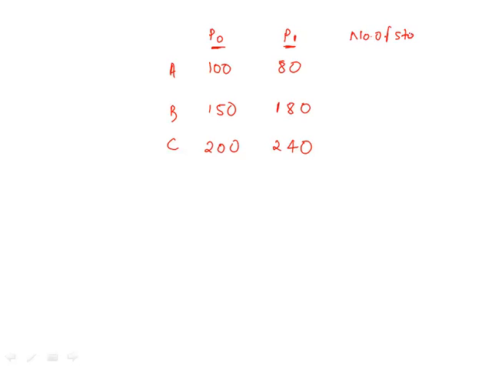Let us say we have stocks A, B and C. We have prices at time 0 and time 1. Let us say the price at time 0 is 100, 150 and 200. Price at time 1 is 80, 180 and 240. The number of stocks, just to keep the calculations easy, I'm going to keep as 5, 5 and 10.